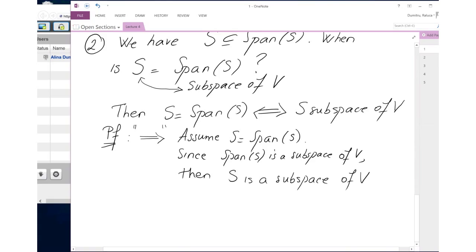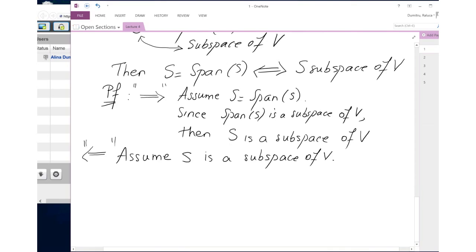Okay. Well, let's see it backwards. Now I'm going to assume the statement on the right, that is, S is a subspace of V, and I want to show that it equals its span.